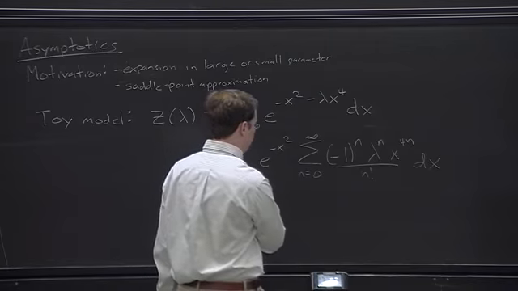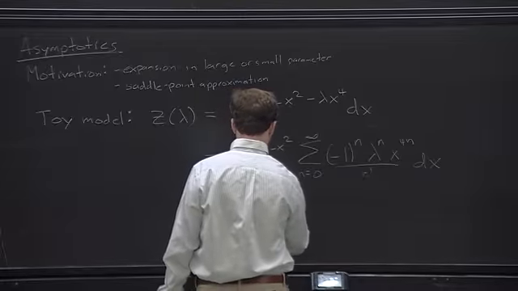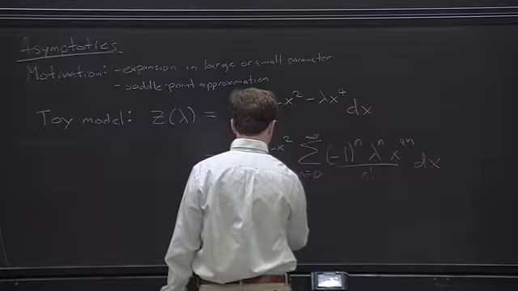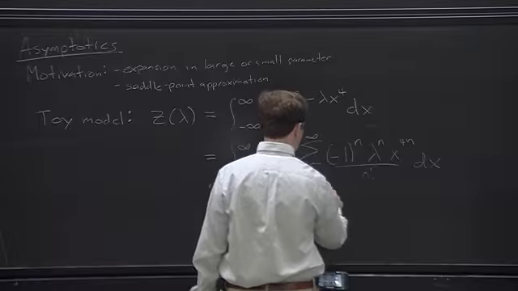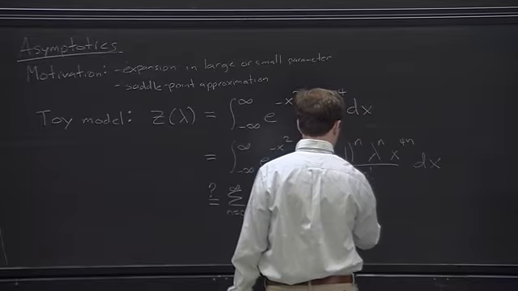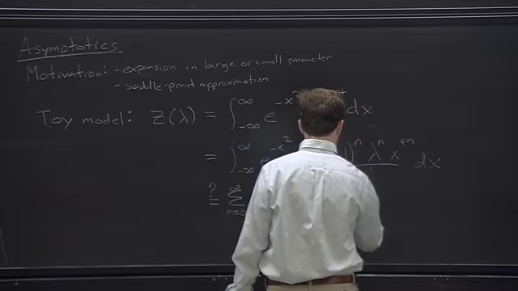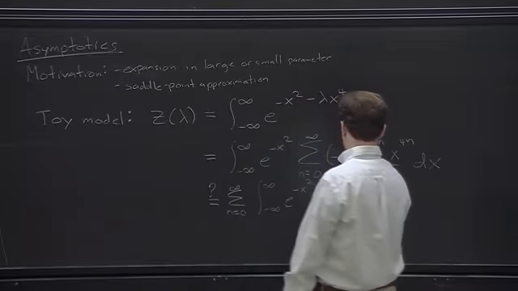Swap the sum and the integral. And then what we get is the integral of e to the minus x squared, minus lambda to the n, x to the 4n over n factorial, dx.